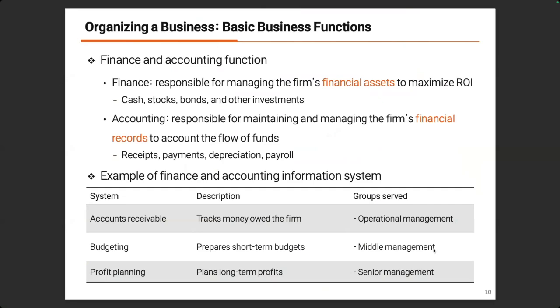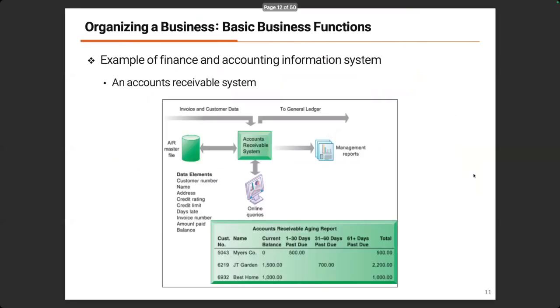The middle management uses the budgeting system to prepare short-term budgets so they can oversee and control the firm's financial resources. The senior management uses the profit planning system to plan long-term profits, and they can establish investment goals or provide long-range forecasts of financial performance. So this is an example of a finance and accounting information system.